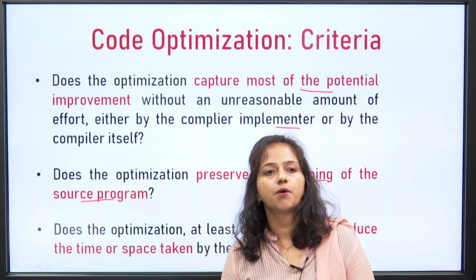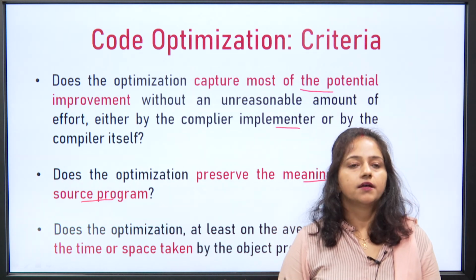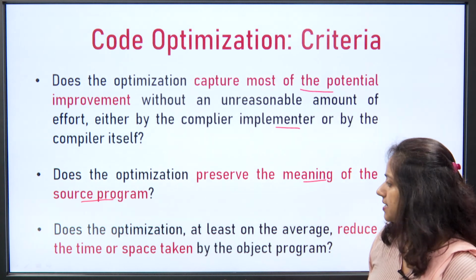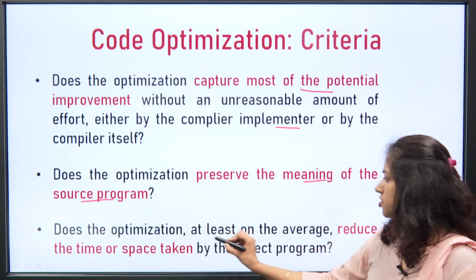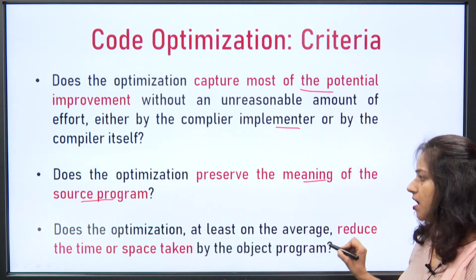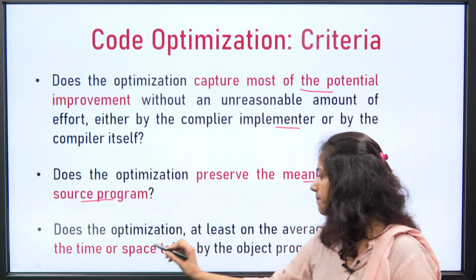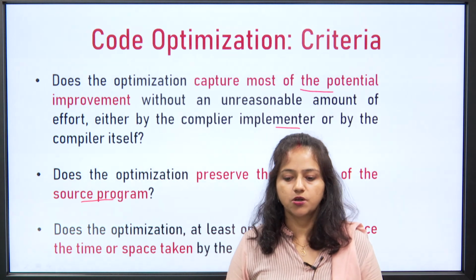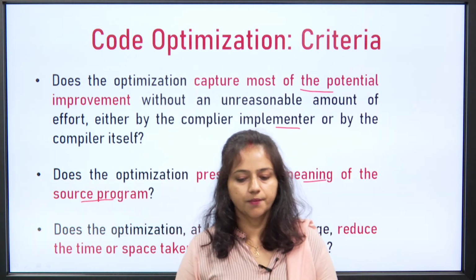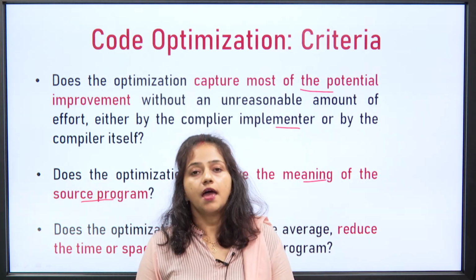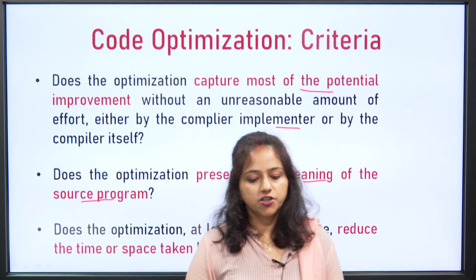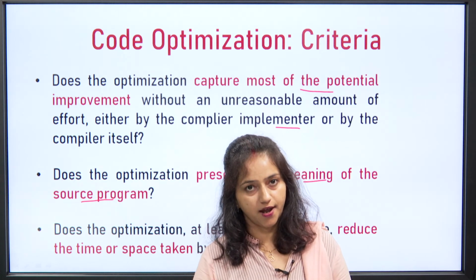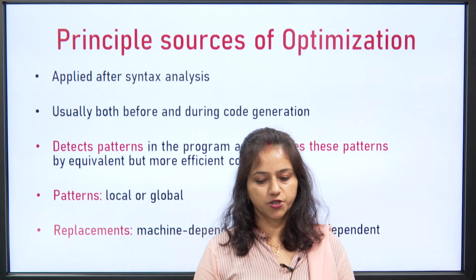This is again a very important criterion, that the meaning should be the same. Third, does the optimization, at least on average, reduce the time or space taken by the object program? So the meaning should not change, it should capture the potential improvement, and it should reduce the space and time required by the object program in comparison to the source program.